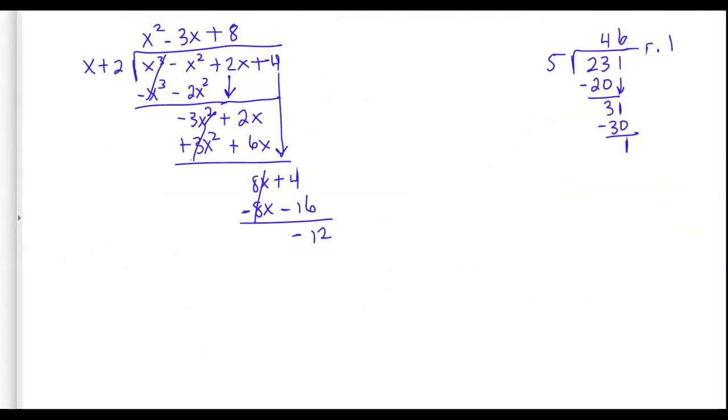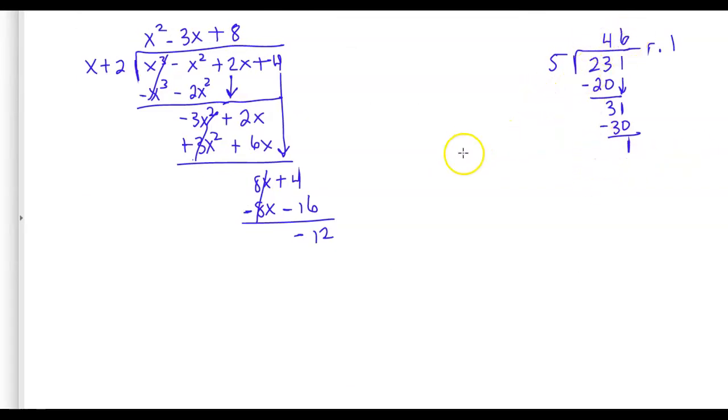And again, this is nothing more than saying that I could rewrite 231 divided by 5 as 5 times 46. And then I have 1 out of 5 left.